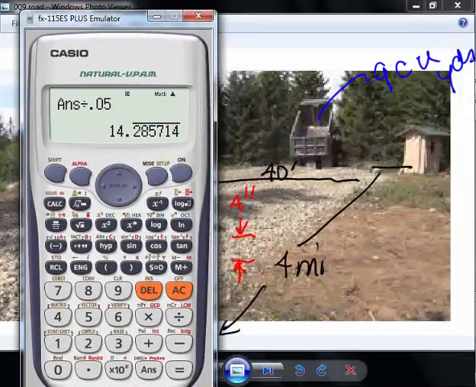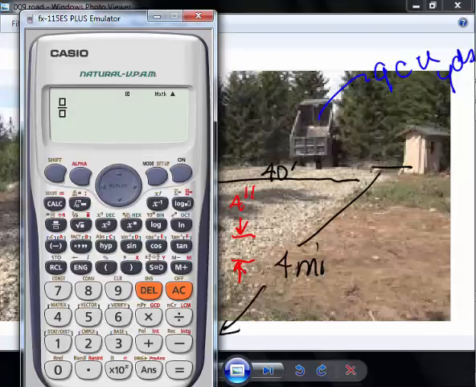So we've got the volume of that road is going to be 40 over 3.